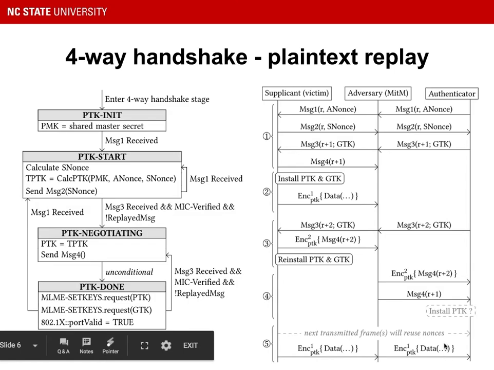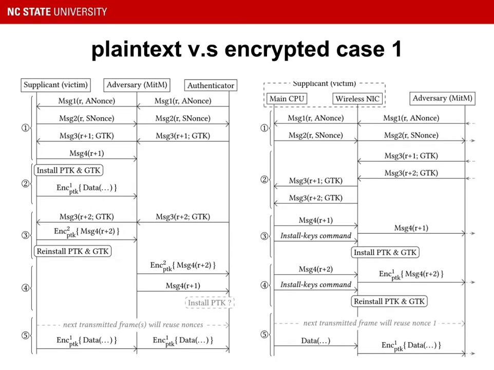After this reinstallation of the PTK and GTK, the attacker will just release the normal data traffic. Besides the nonce reuse, the attacker in this case will also be able to replay the unicast and the broadcast messages captured from the AP earlier.